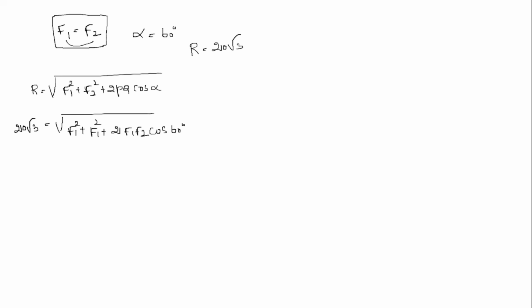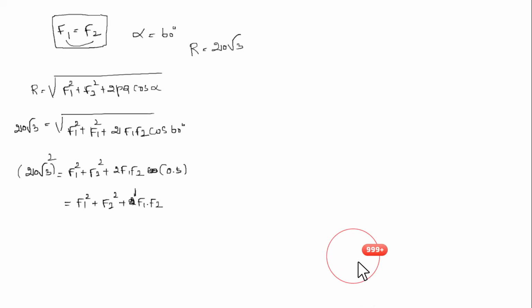So square on both sides. So 20 root 3 squared is equal to F1 squared plus F2 squared plus 2 F1 F2 cos 60, where cos 60 is equal to 0.5, right? So F1 squared plus F2 squared plus 2 into F1 F2 into 0.5; 2 into 0.5 is equal to 1, so 1 into F1 F2, clear.